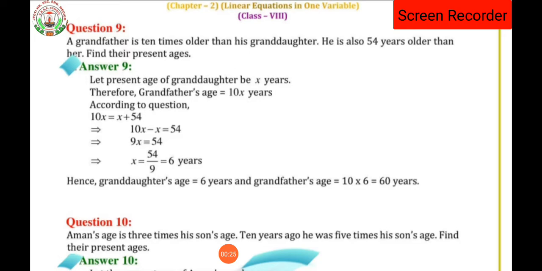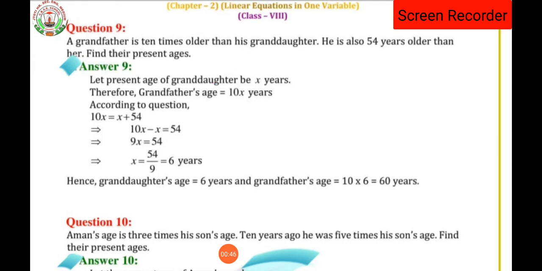A grandfather is 10 times older than his granddaughter. He is also 54 years older than her. Find their present age. So what are we going to do here?